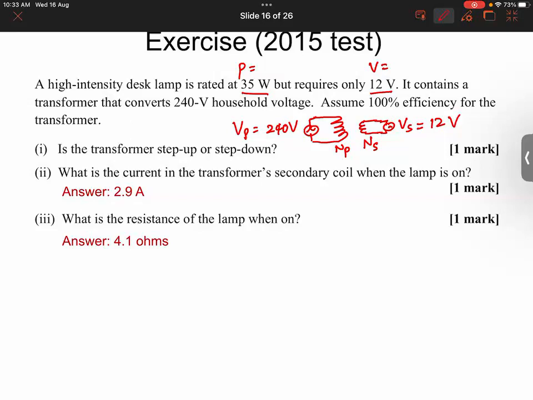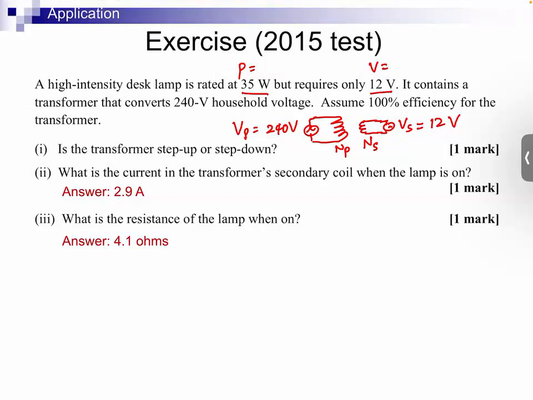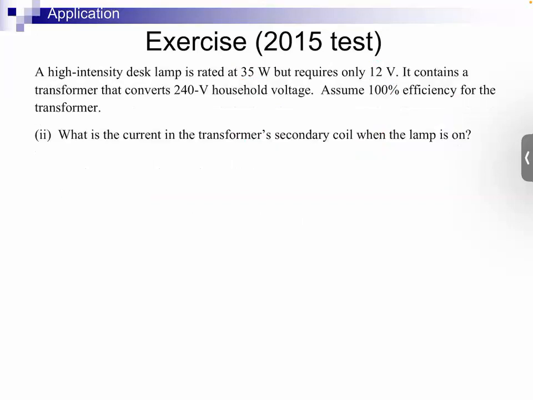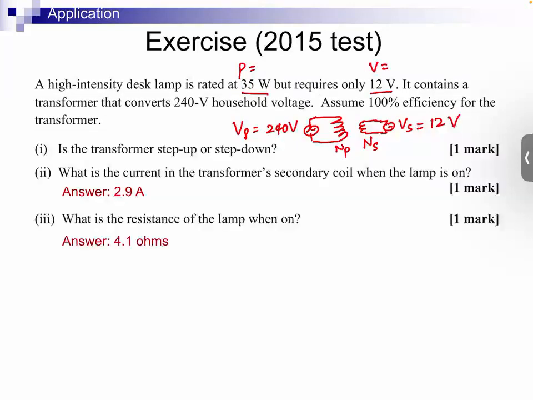So that sort of already answers the first question: whether the transformer is step up or step down. I hope it's clear. So of course it's a step down transformer.